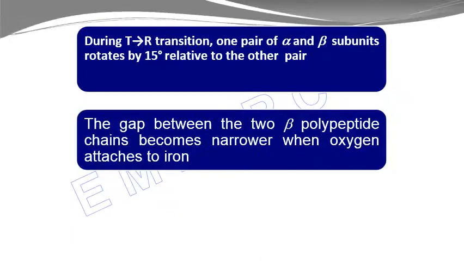You'll see a pair of alpha and beta subunits would rotate by 15 degrees. And the gap in between these 2 beta polypeptide chains will become narrower when oxygen attaches to the iron. So there will be fewer gaps in between them.